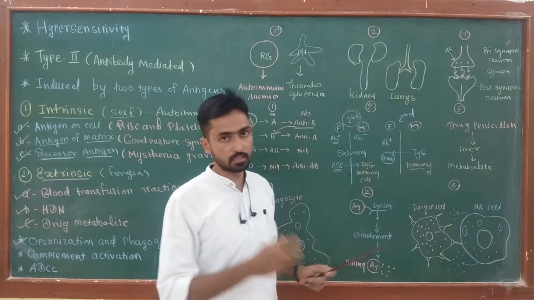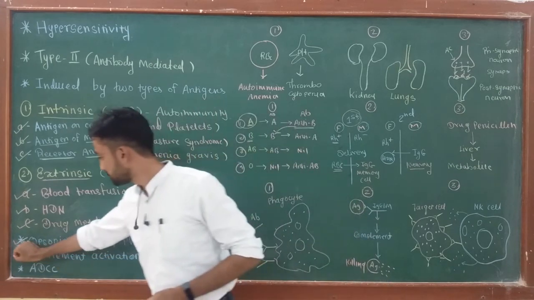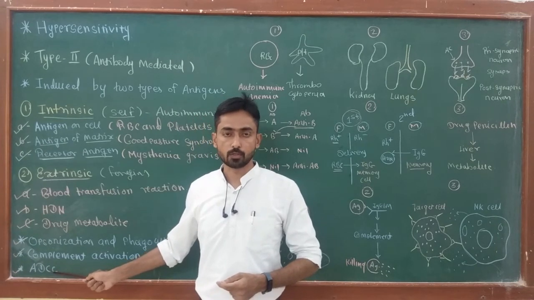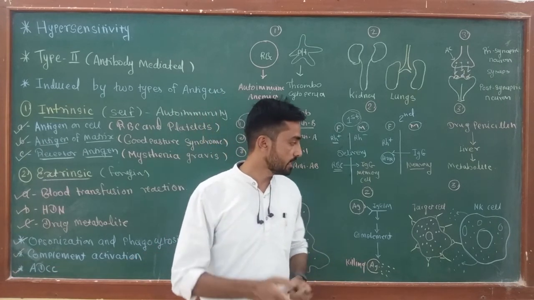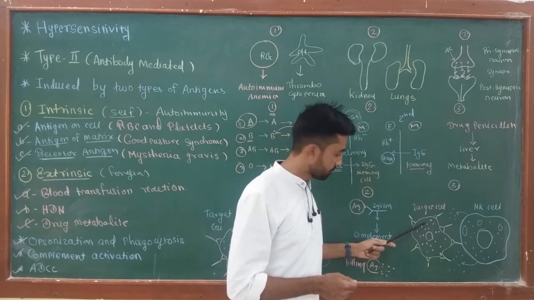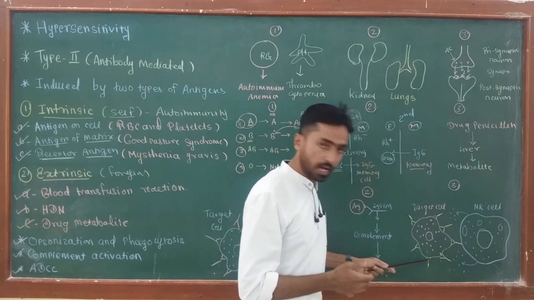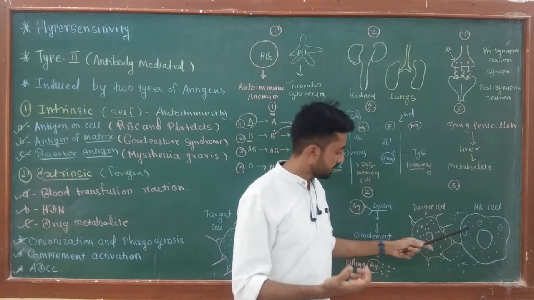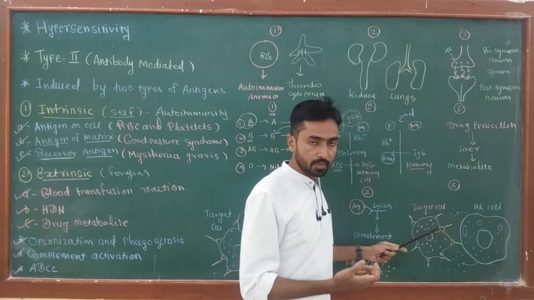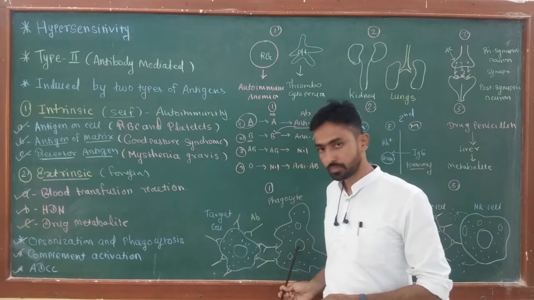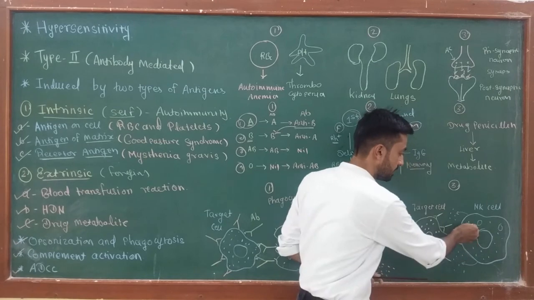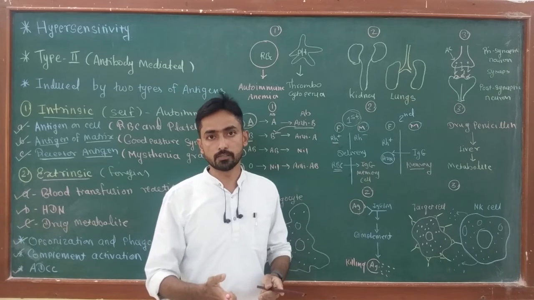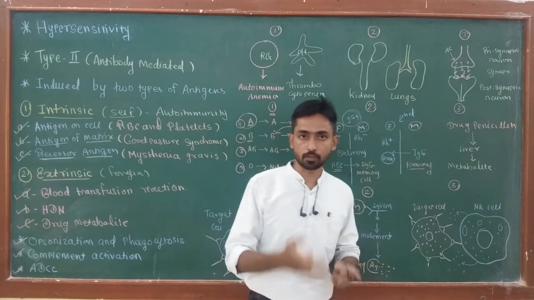The third and last mechanism is antibody dependent cell mediated cytotoxicity, that is ADCC. What is ADCC? When any target cell gets attached with antibodies, then a natural killer cell or effector cell can easily recognize this target cell, and instead of phagocytosis, after recognition the natural killer cell produces several chemicals, several active mediators like cytokines, interleukins, and tumor necrosis factors.